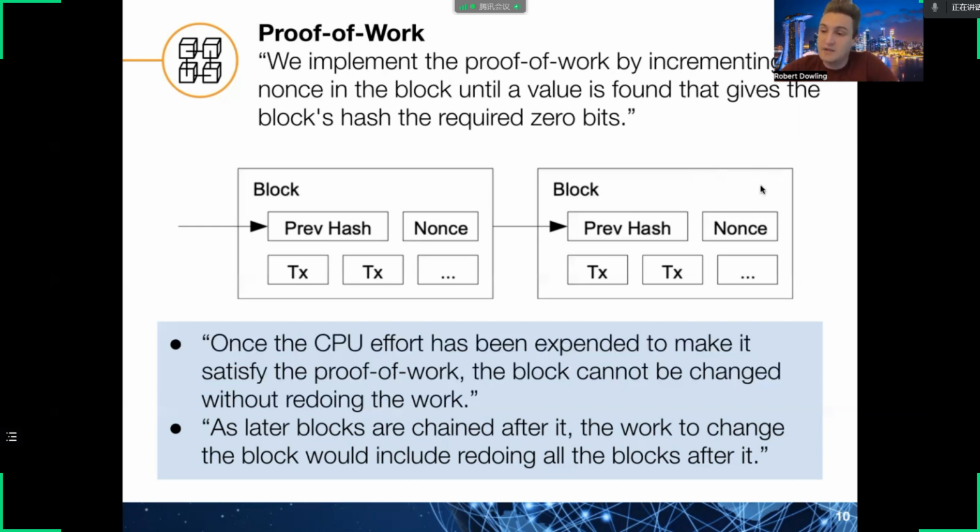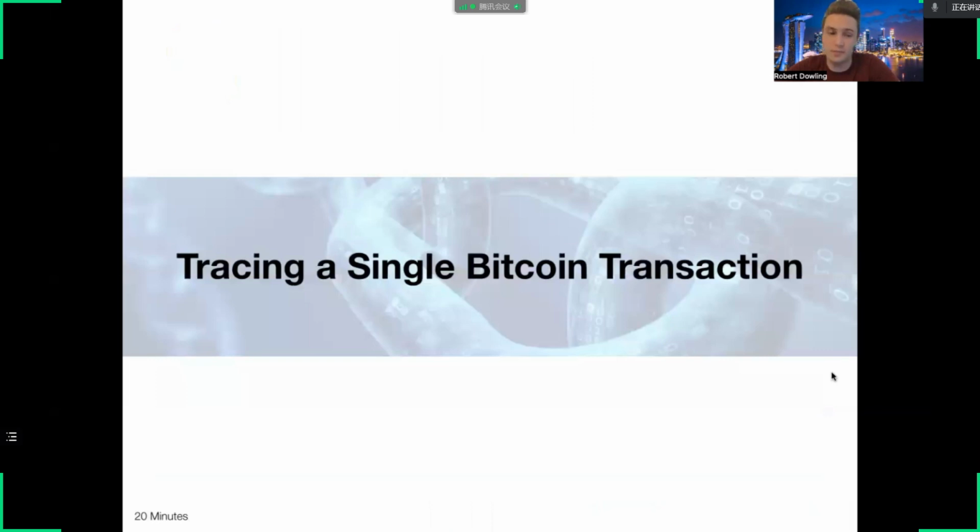By solving the nonce, the miner is spending electricity, and then by getting the whole block approved and added to the blockchain, they're getting newly minted Bitcoin sent to their wallet. If they try to reverse blocks, well, that's computationally expensive, and it's too expensive to even be worth trying. This is how we guarantee that transactions are immutable.